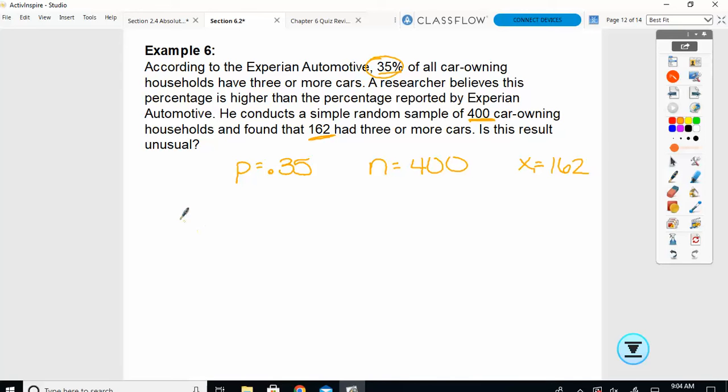So if I wanted to calculate this probability and choose x, so my n is 400, I'm going to choose 162. P to the x, so 0.35 to the 162. 1 minus p, so 1 minus 0.35 to the n minus x, 400 minus 162.